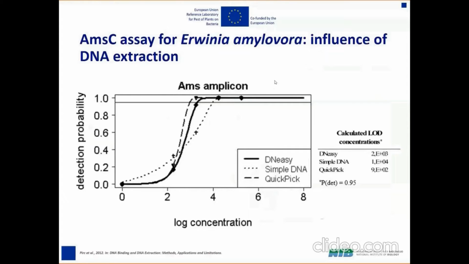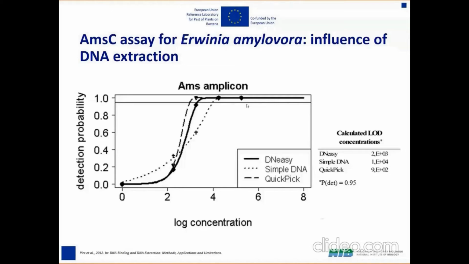A few examples. This is an example of a real-time PCR AMSC assay and the influence of DNA extraction. So we analyzed the same standard curves using 3 different DNA extractions, and we have compared them through nonlinear modeling. So we can see, for example, that with the simple DNA, we get a decrease in probability of detection at higher concentrations, but here it then just lags on, and we still get some detection later on.